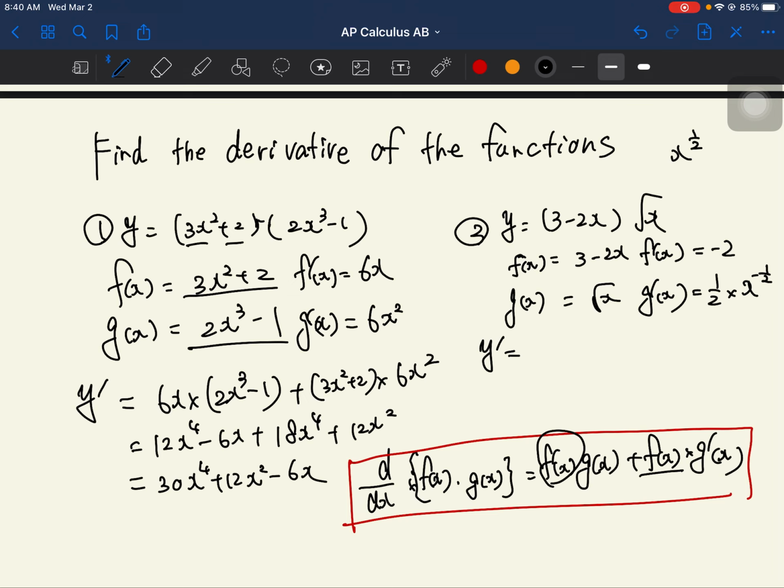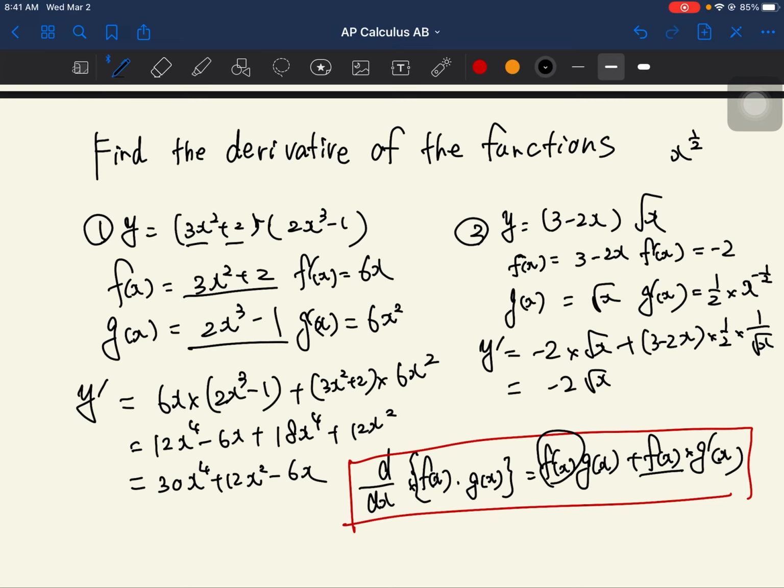Then y prime is f prime, negative 2, times square root of x, plus 3 negative 2x times 1 over 2 times x to the power of negative 1 over 2, so it's going to be 1 over square root of x.